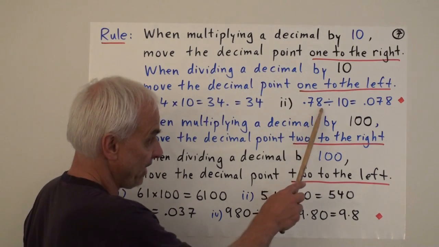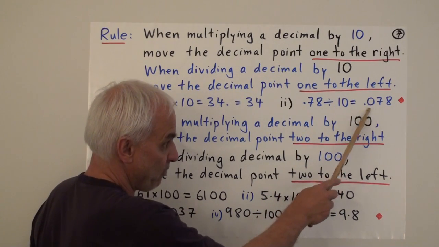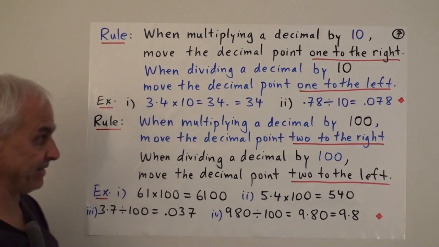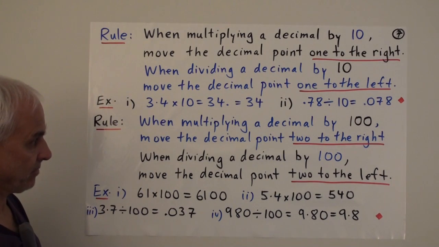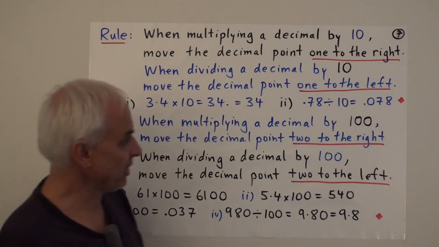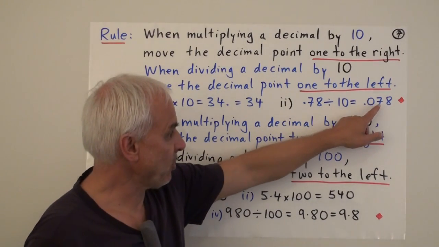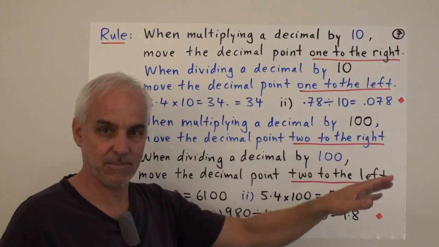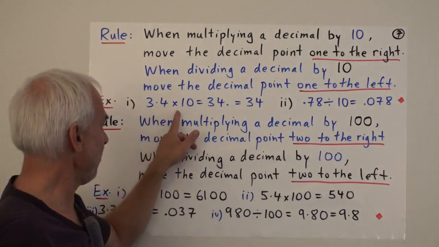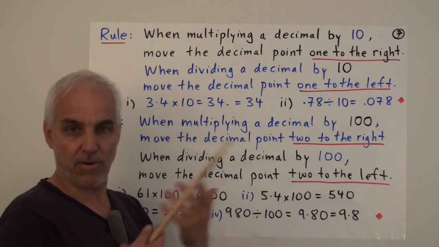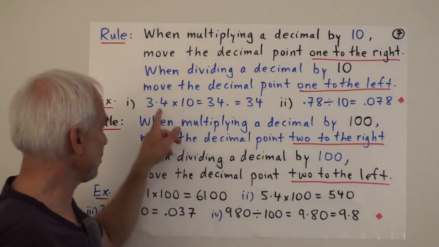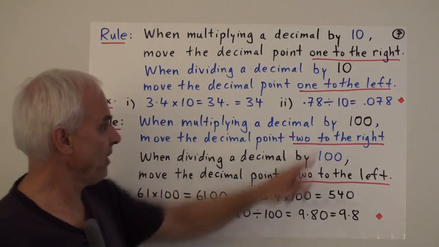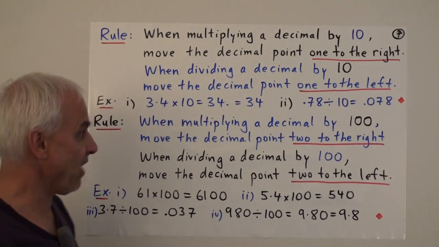Alright, so 0.78 divided by 10 is 0.078. And just remember that when you're moving the decimal place over to the left, the number is actually getting smaller. And when you're moving the decimal point over to the right, the number is getting bigger. Right? So this corresponds to multiplying by 10, and this kind of movement is dividing by 10.